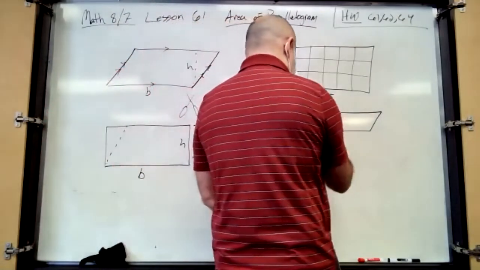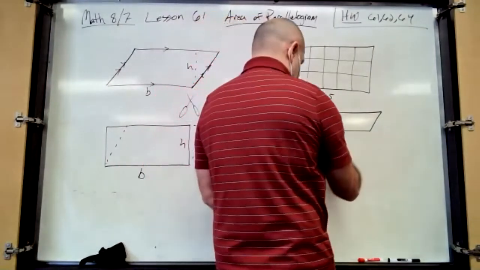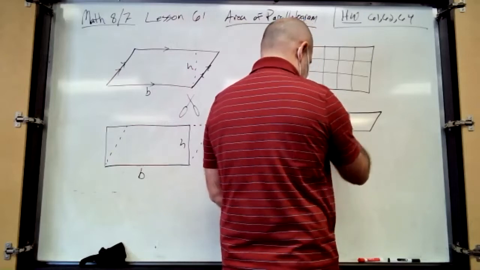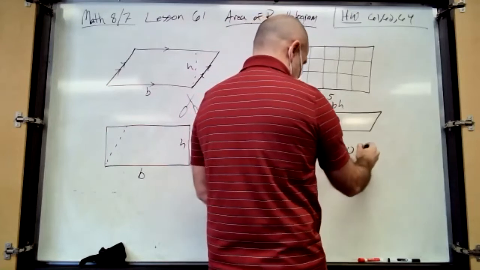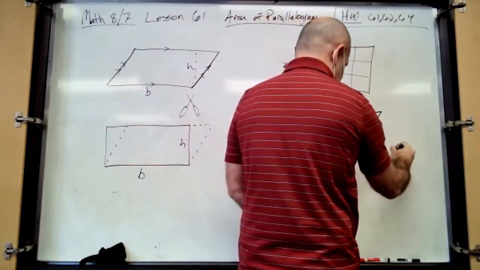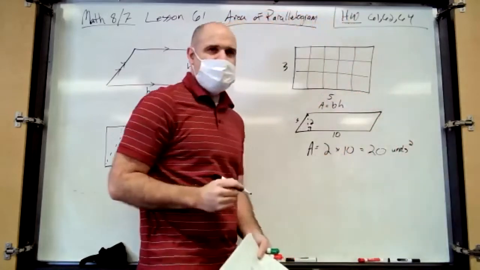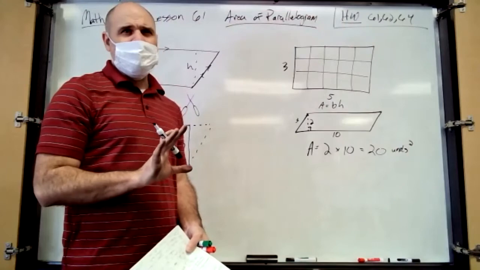So they might try to be tricky and give you like that dimension, but we don't care about that. We just care about the base and the height because the area equals base times height. So 2 times 10 is 20 square units. Units squared, okay? Is that pretty okay? Is it doable?